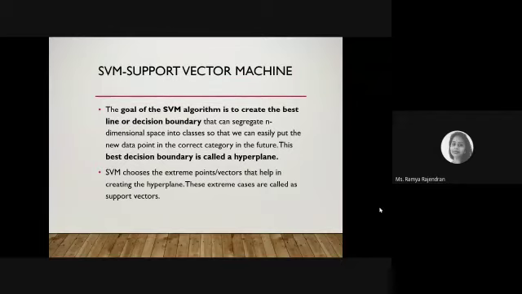SVM is one of the major machine learning algorithms which is taught during the machine learning foundation classes. This is actually based on support vectors. Support vectors are nothing but the extreme cases that you have in each data category. We'll be discussing all this in detail in our forthcoming slides.